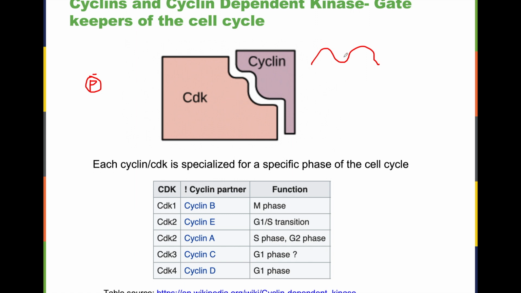So when the cyclin levels are low, like places here and here, this kinase cannot add any phosphate to other proteins. It's inactive. It is only when there's enough cyclin produced and bound to this CDK that the kinase can start doing its work.